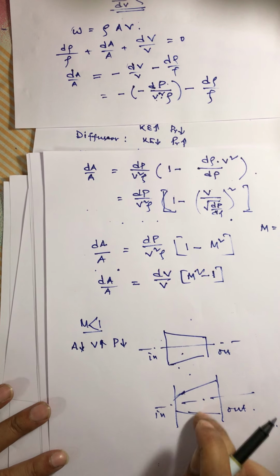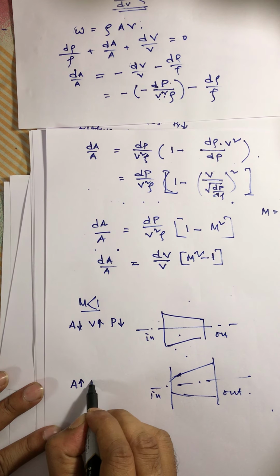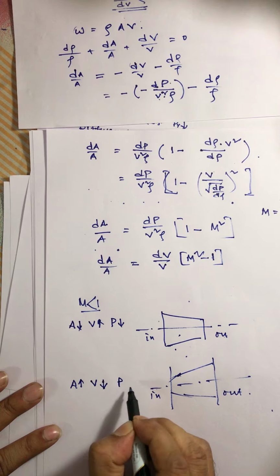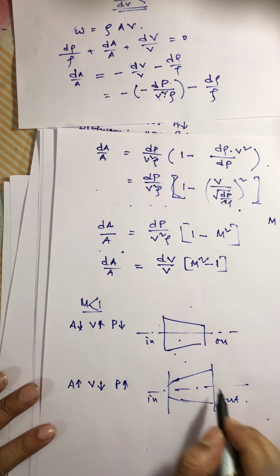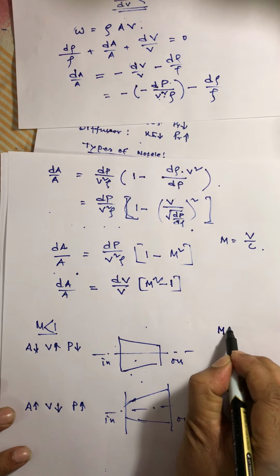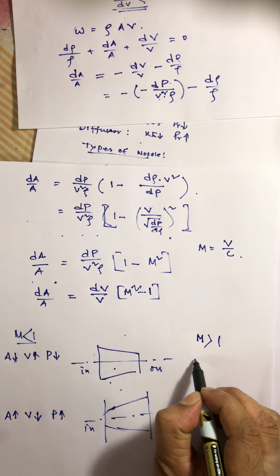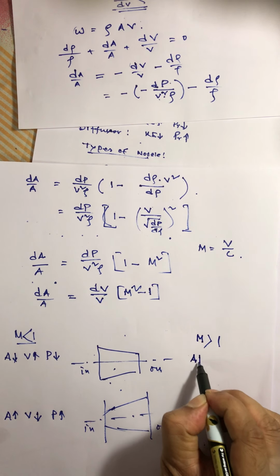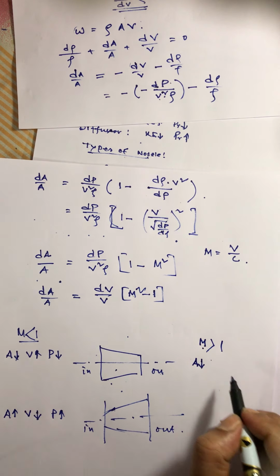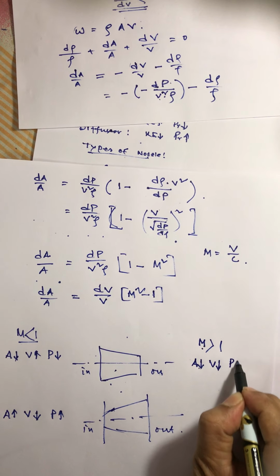For a divergent passage, A is increasing, velocity is decreasing and pressure is increasing. So, a divergent passage acts as a diffuser. When M is greater than 1, the bracket will be positive. So, when A is decreasing, velocity is decreasing and pressure is increasing.